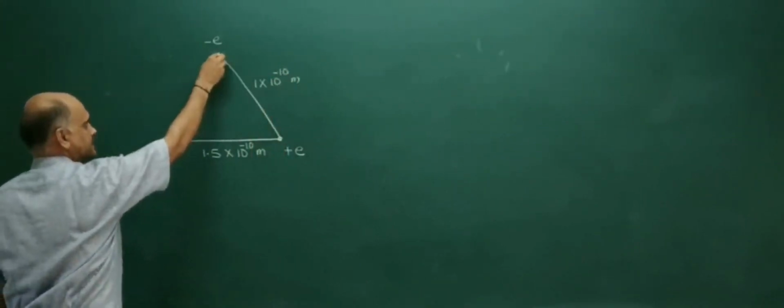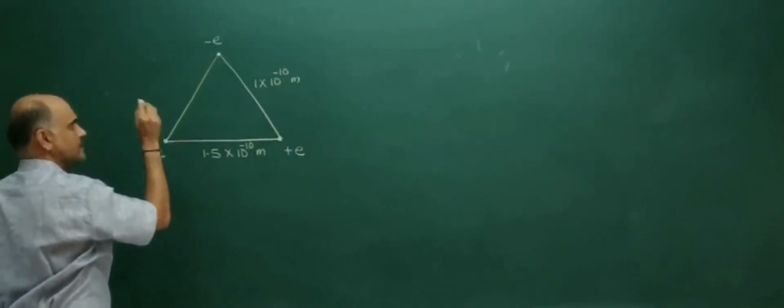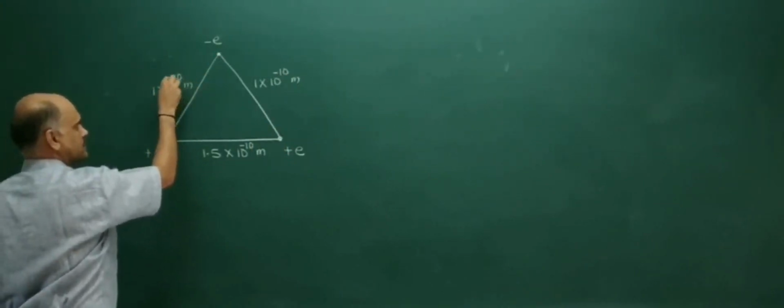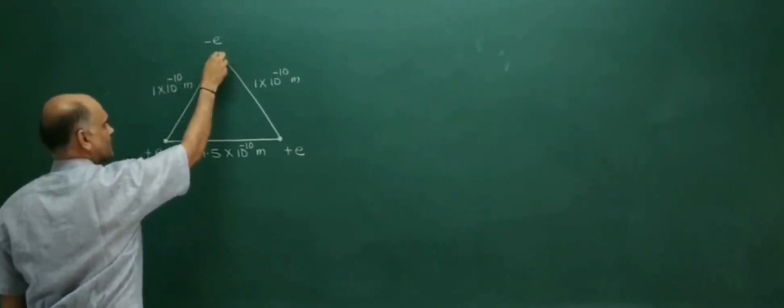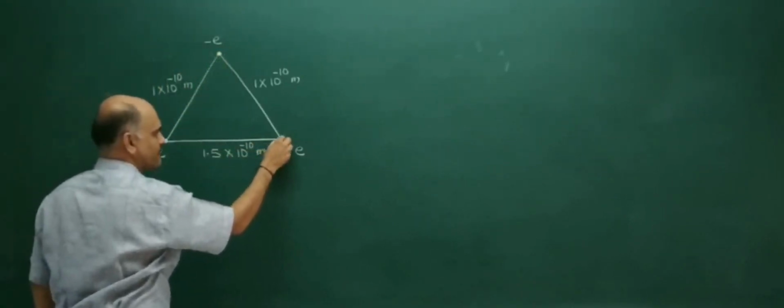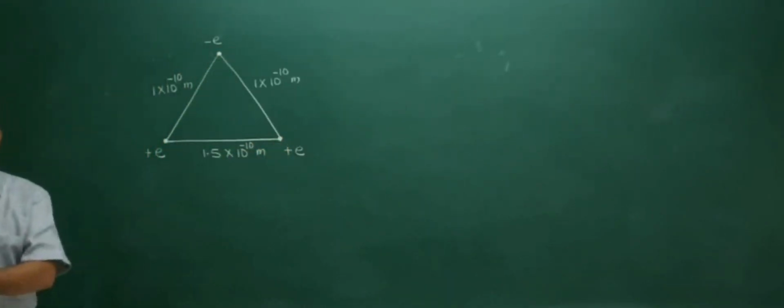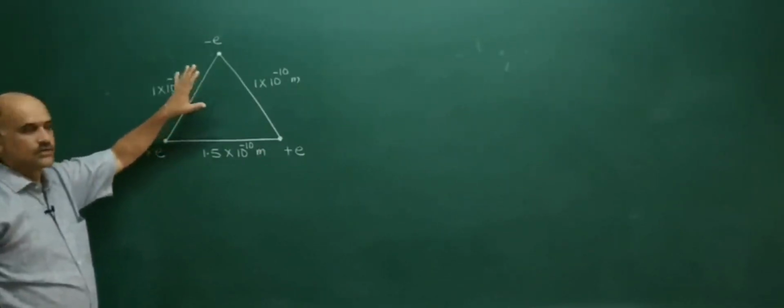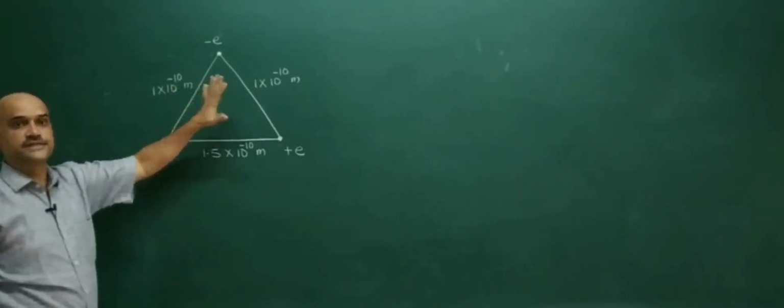Similarly this distance is also the same, 1 into 10 raised to minus 10 meters. So there is an electron which is at a distance of 1 angstrom from both the protons. You are required to find the potential energy of this system.